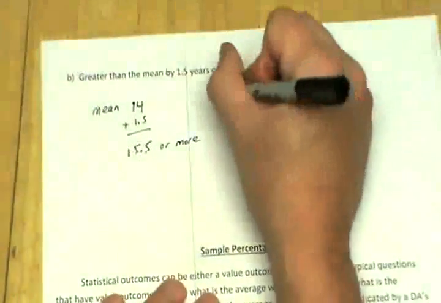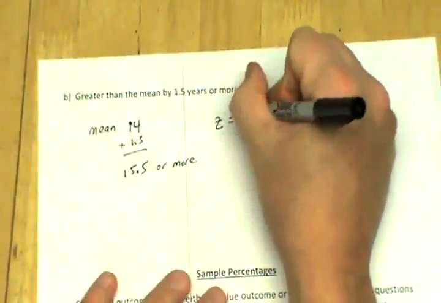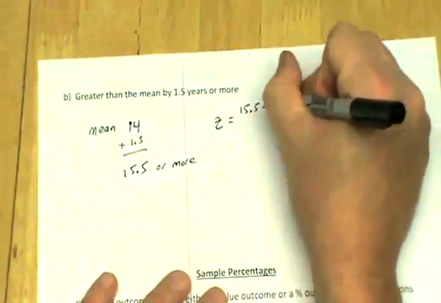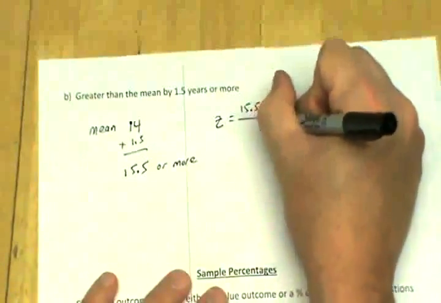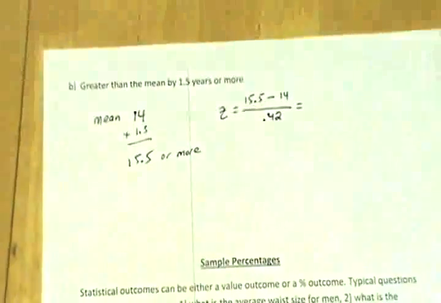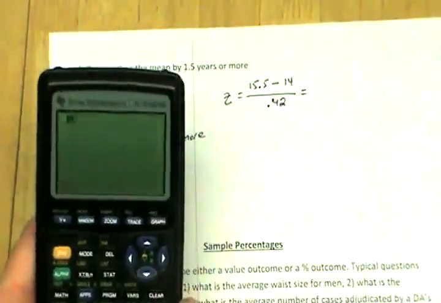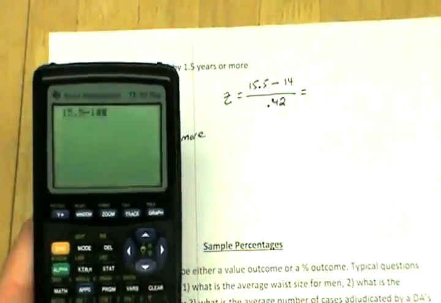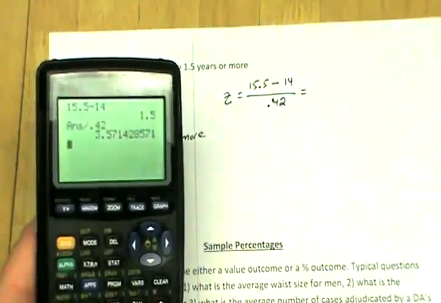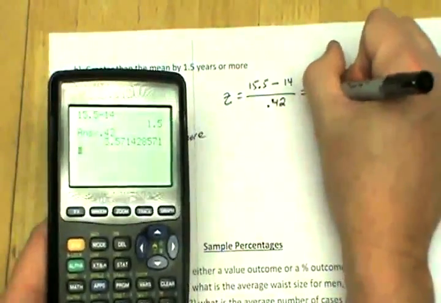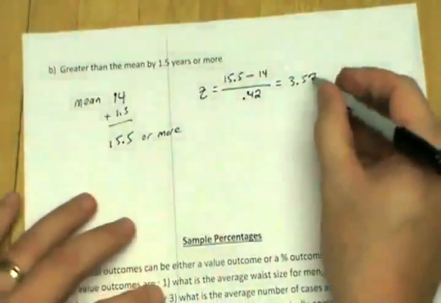Okay, so let's find the z-score for 15.5. Data minus the mean divided by the standard deviation, which we know is 0.42 from the last question. All right, so let's find this. 15.5 minus 14 divided by 0.42. We're getting back 3.57. So we want 3.57 or more.